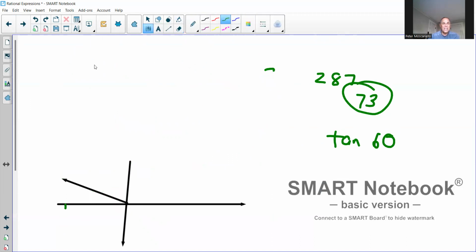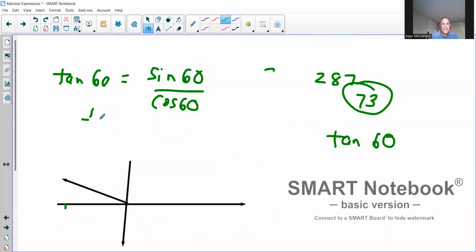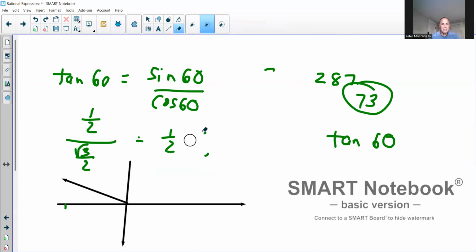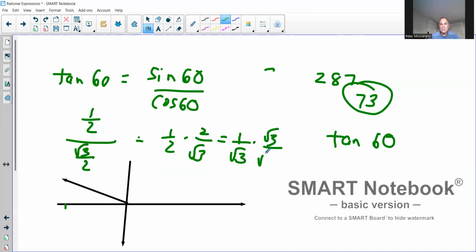We know tangent is sine 60 over cosine 60, which is 1/2 over square root of 3 over 2, which is 1/2 times 2 over root 3. That's ugly. 2 over root 3, which reduces to 1 over root 3. And if we rationalize, we get root 3 over 3.